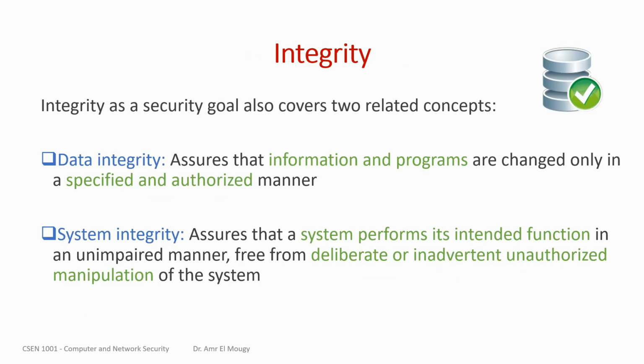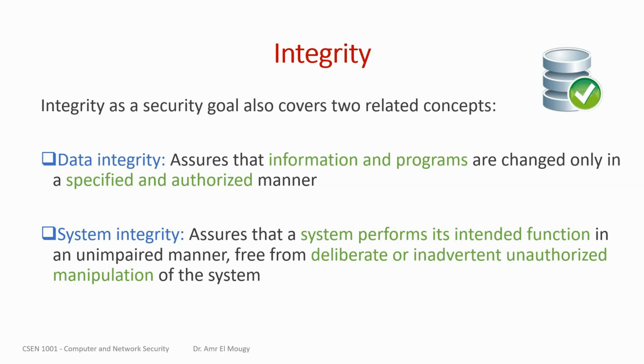The second security concept or service is called integrity. And integrity ensures that the system resource does what it is supposed to do. So if it's data integrity, this is the service that ensures that data is not manipulated without authorization. It means that if you don't have authorization, you're not allowed to update or delete or add new data to a system.